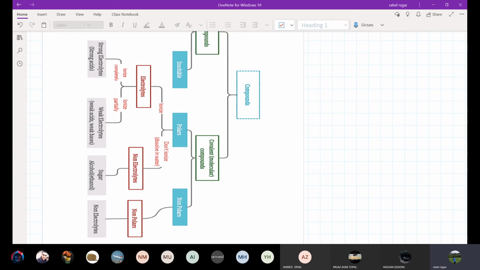Covalent compounds normally, if you remember from the first lesson, are either polar or non-polar. Polars, they either ionize or don't ionize. So if they don't ionize, this is the intermediate polarity. This is the same as intermediate.